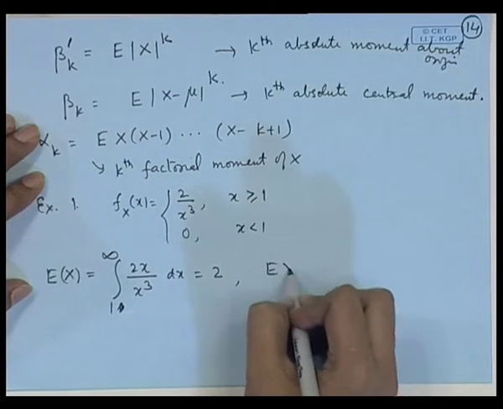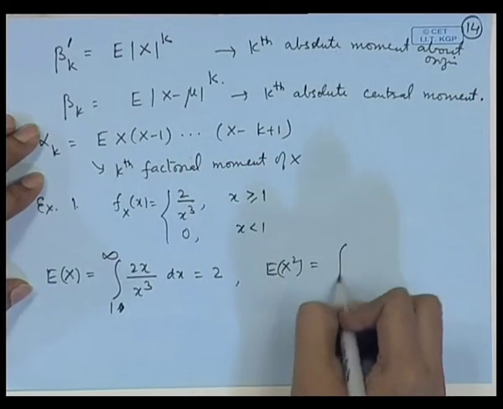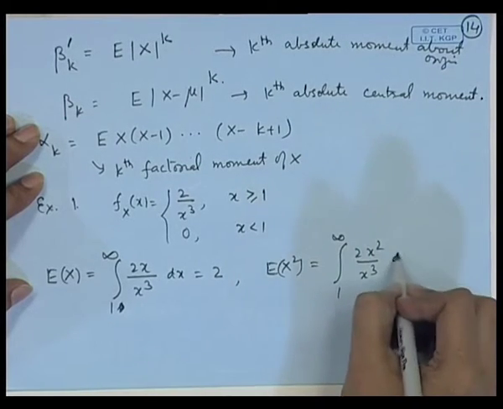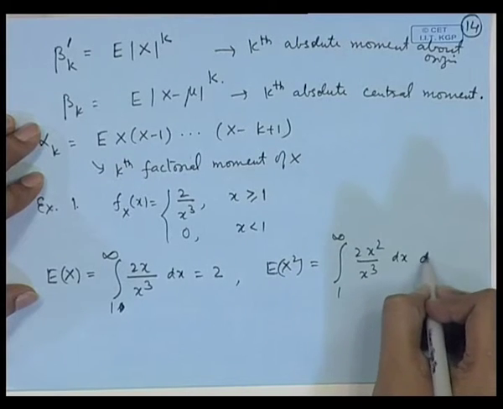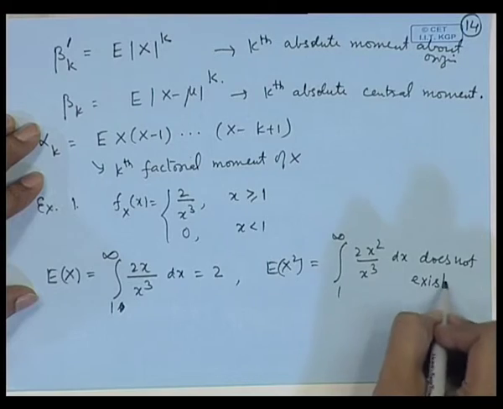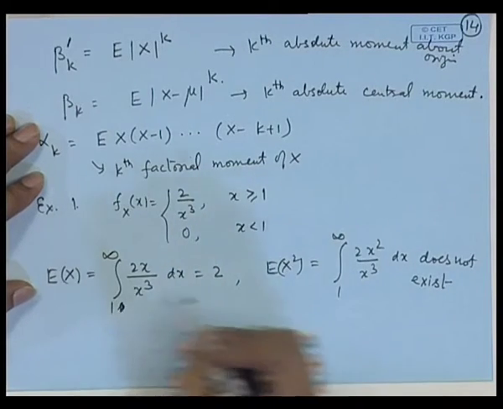If we consider expectation of x square, then that is equal to integral 1 to infinity 2 x square by x cube dx. Clearly, this is divergent. So, a lower order moment may exist, but a higher order moment may not exist.